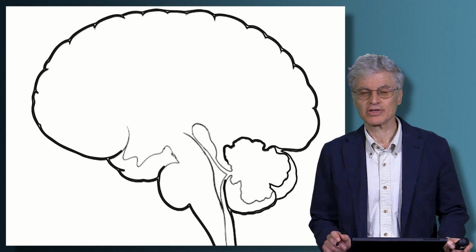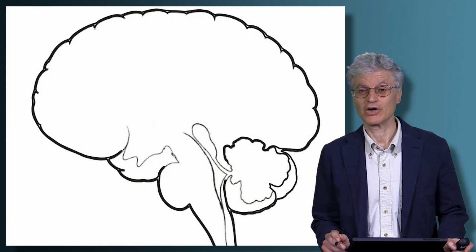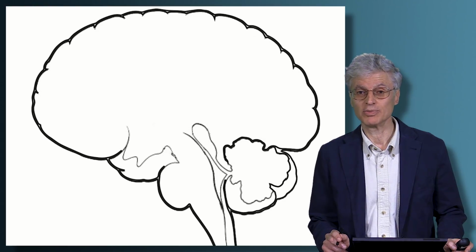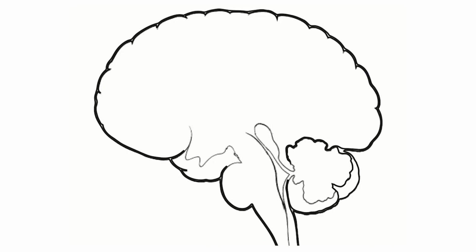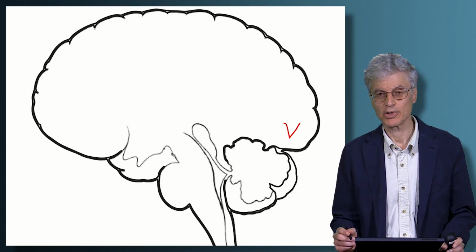This is a sagittal view of the brain in which I've put nothing in it yet to illustrate 5 things regarding the control of eye movements. Light enters the eye and reaches the occipital lobe, the visual cortex here. And it sends that information to other parts of the brain to process.